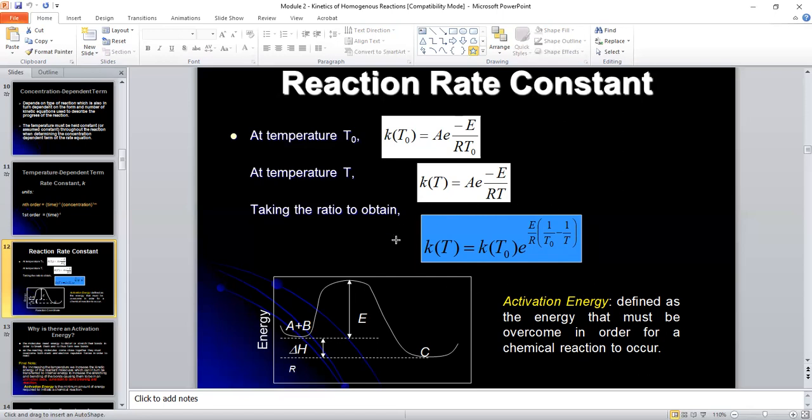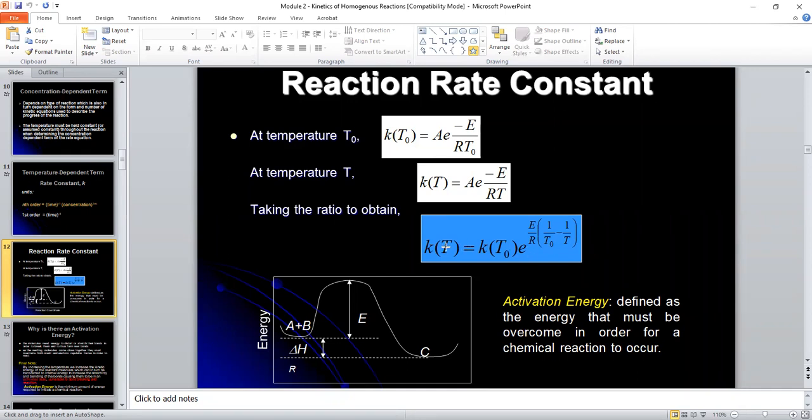Anybody who understands why after these two equations that you have here, we have this? If we take the ratio of these two, we have this. My question, class, is this.